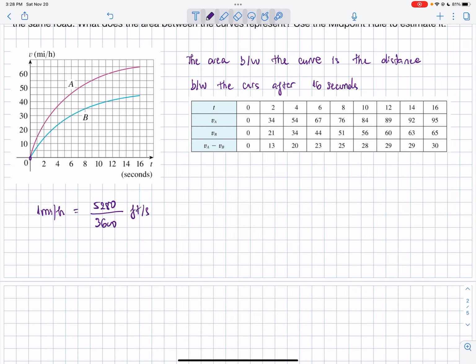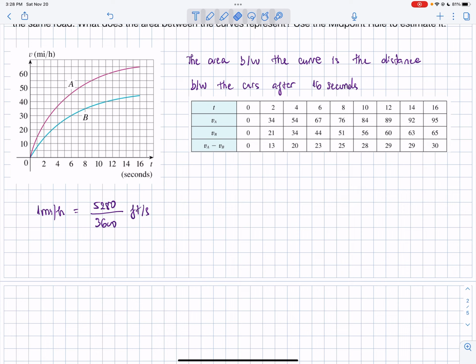For example, if we look at this point right here, it is about 14 miles per hour. We multiply by this number so that we can convert that into feet per second.